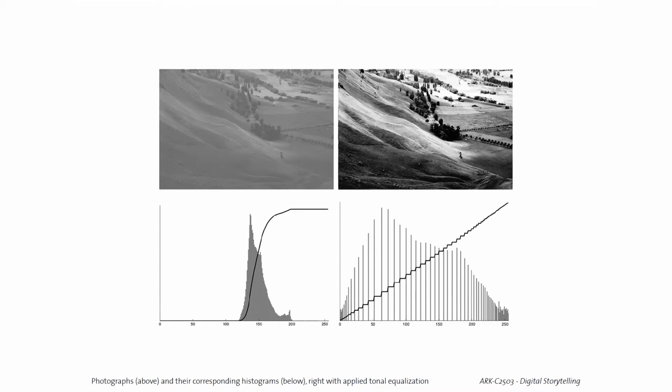The histogram basically shows us how many colors there are in the image, and it's a bit easier to wrap your head around when we just talk about grayscale. It's a bit harder with color images, because then we have three histograms for 3 different channels. But here, in grayscale, this is the image, and this is its corresponding histogram. And yeah, it takes time to get used to it.